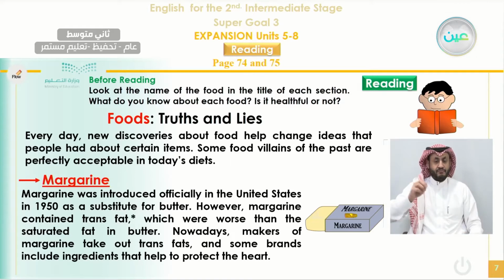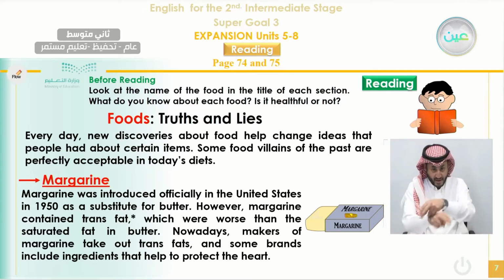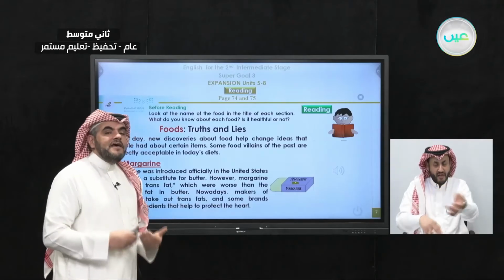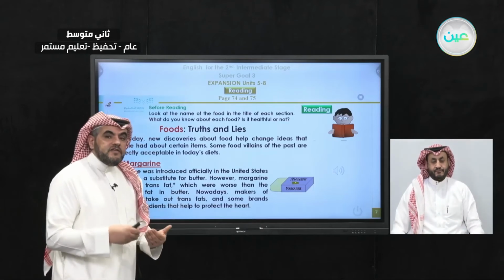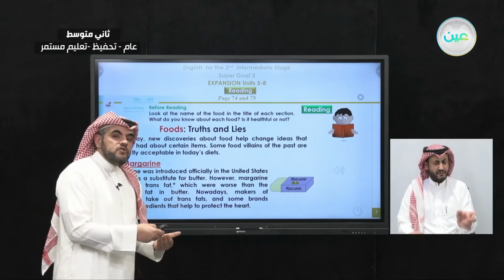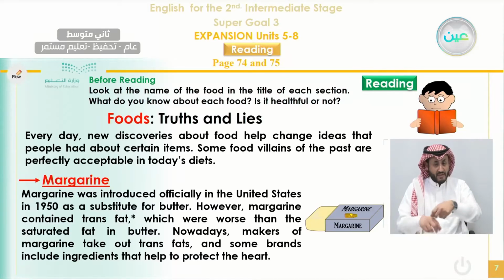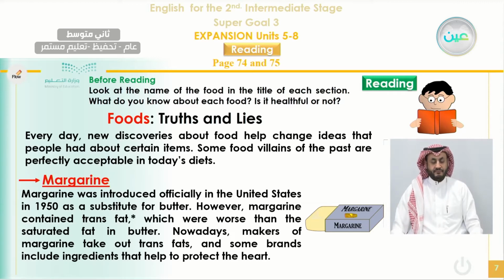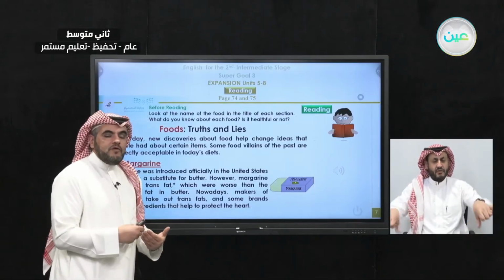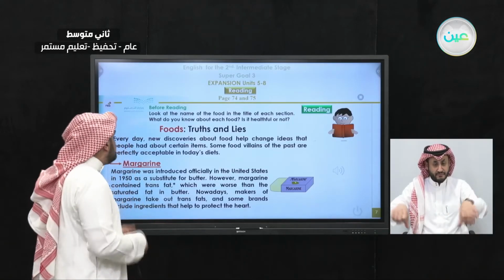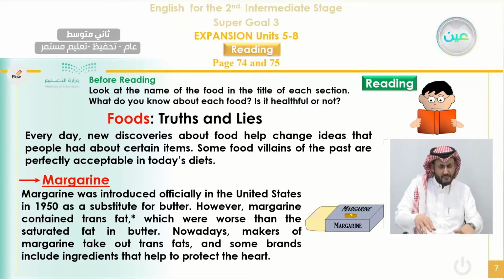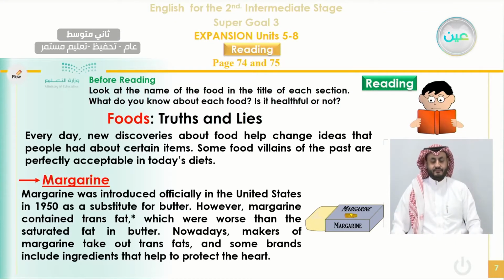This is also a kind of fat. We have trans fat and we have another kind of fat that's called saturated fat. What's the difference? Which one is good for our body and which one is bad for our body? Let's continue reading and find out which was worse than the saturated fat. So the trans fat is bad, okay? Both of them are bad for our body, but the trans fat is worse than the saturated fat in butter.